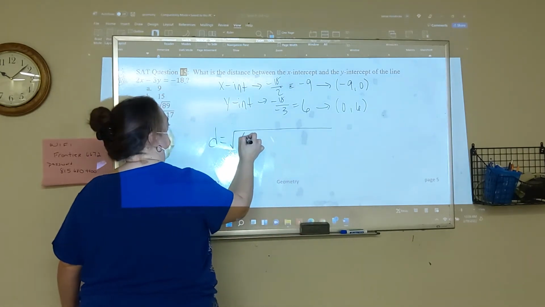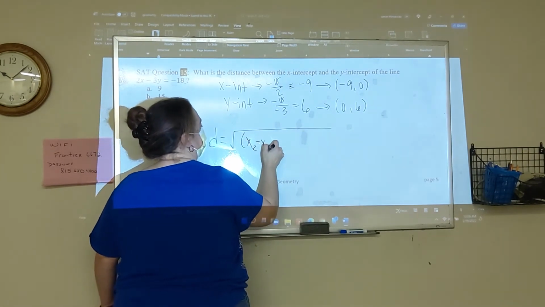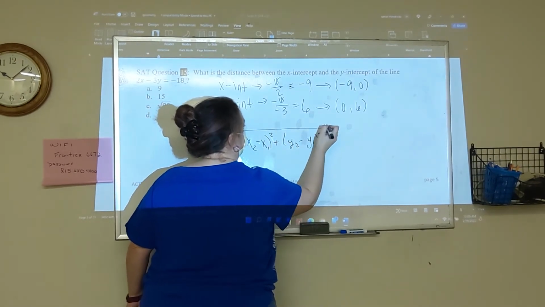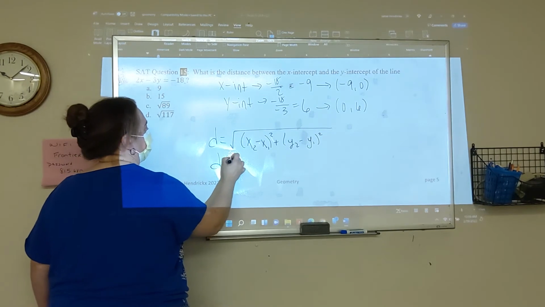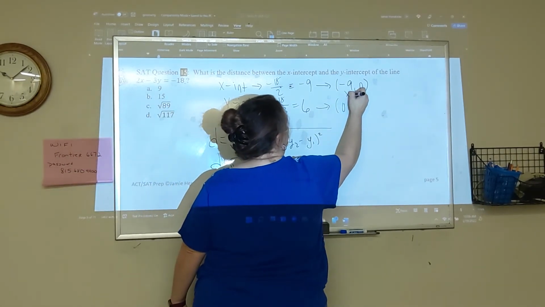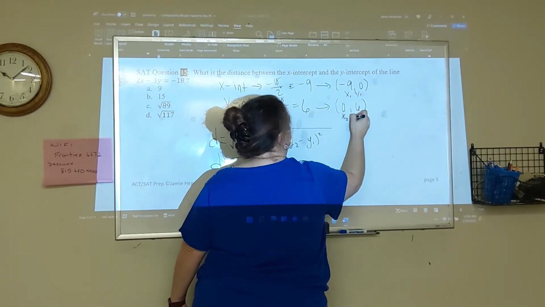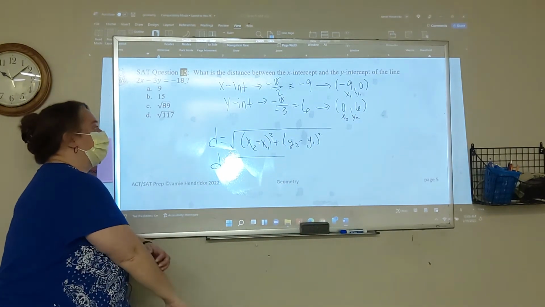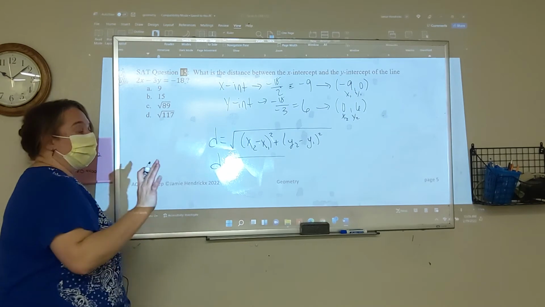Root of x2 minus x1 squared plus y2 minus y1 squared, and plug. Label your points x1, y1, x2, y2. You can do it in reverse if you want. It doesn't matter, just be consistent.